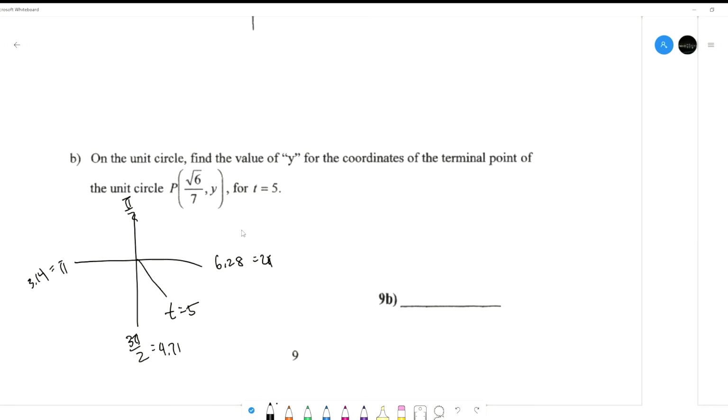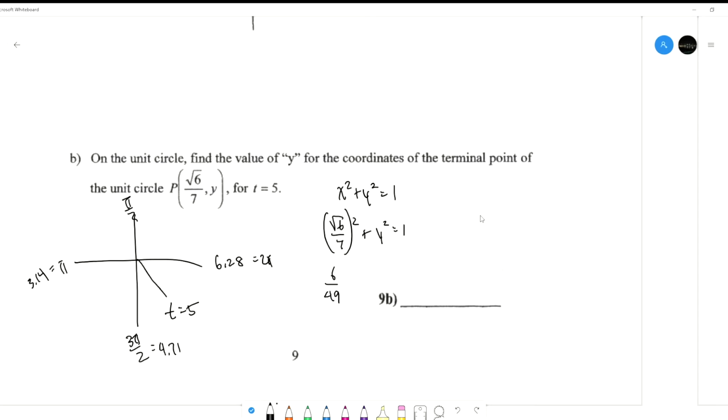So let me see here. We could do it on the calculator. Okay, so the one thing you can do is this: since it's on the unit circle, you could do x squared plus y squared is equal to 1, right? So root 6 over 7 squared plus y squared is equal to 1. So this is equal to 6 over 49.